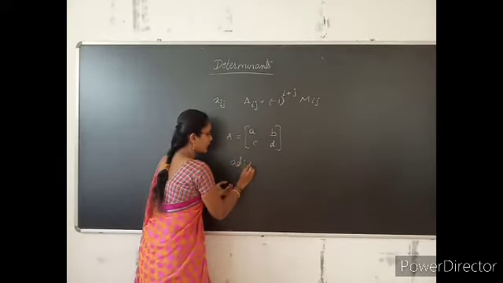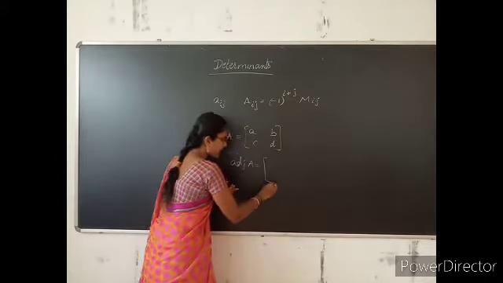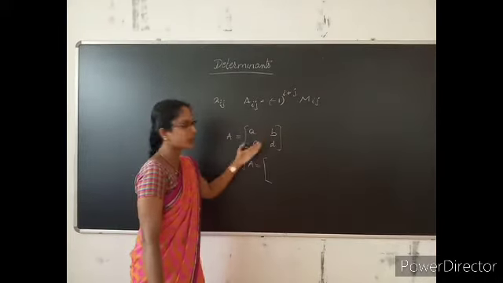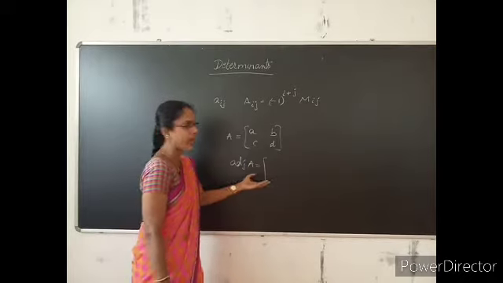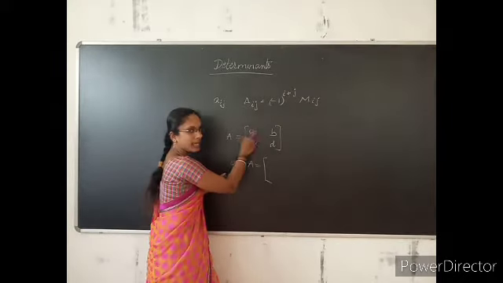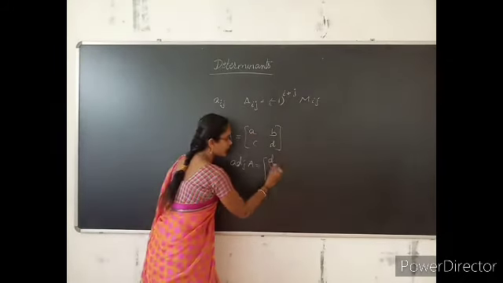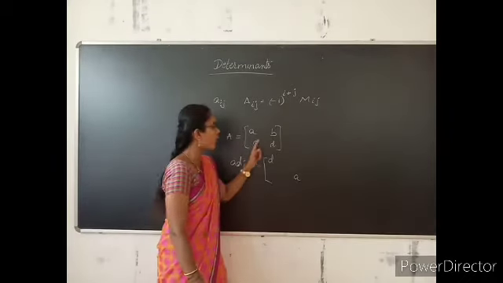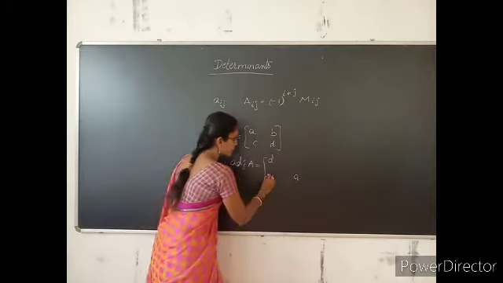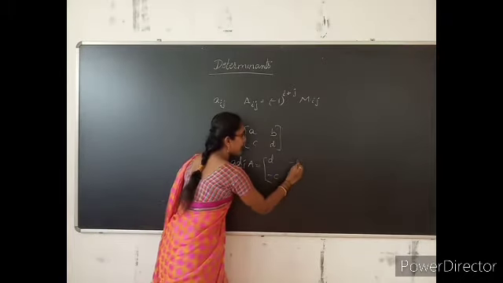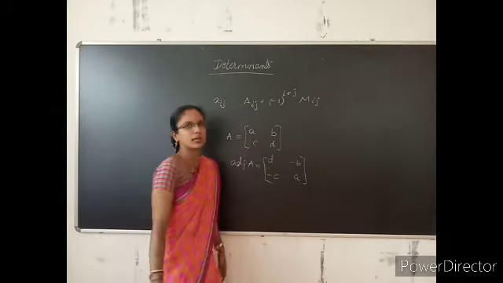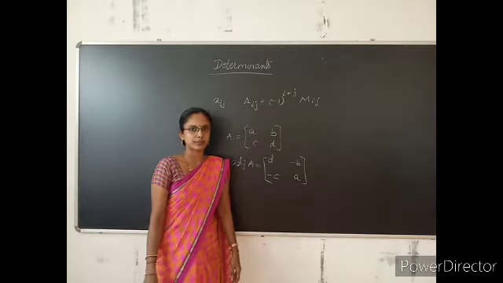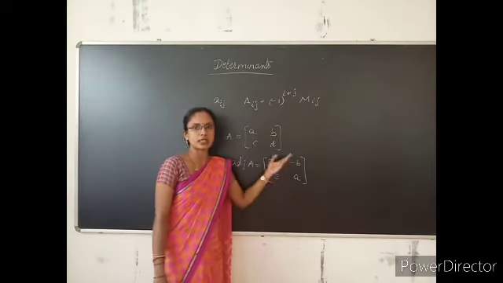Instead of doing all this work, we simply interchange the diagonal elements, so d and a, and change the sign of the non-diagonal elements, so minus c and minus b. So this is adjoint A. These are all just recalls.